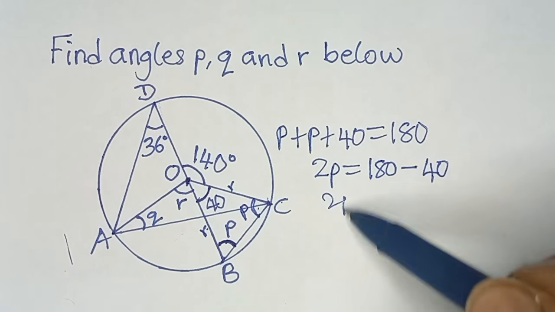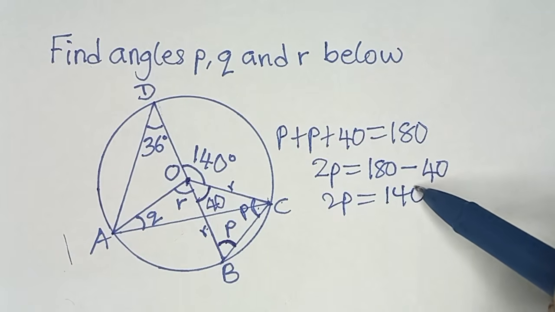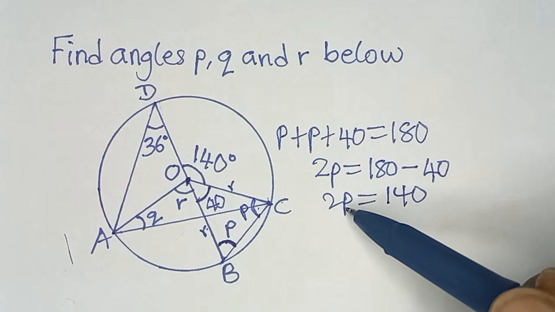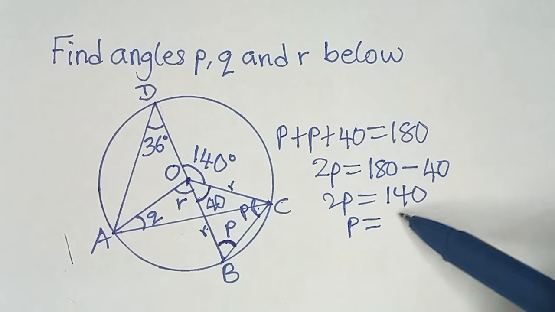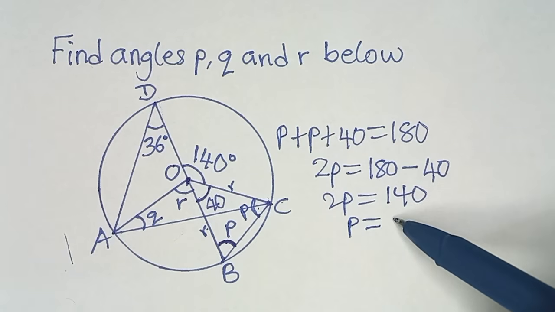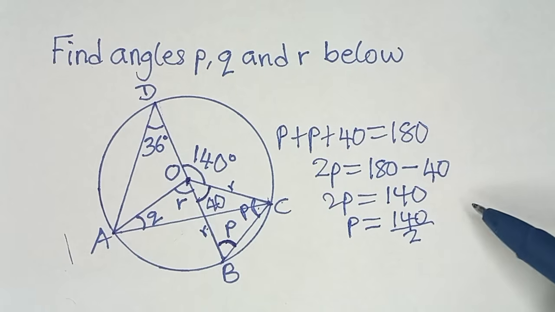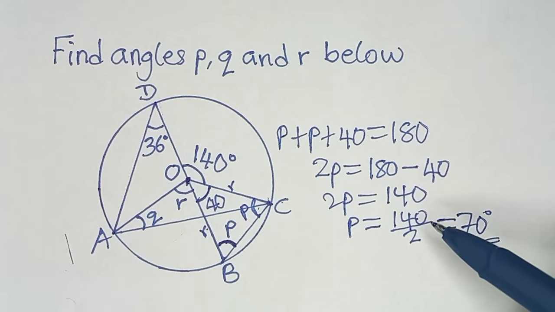So that 2P is equal to 140. And from there, you agree with me that P will be equal to 140 over 2, because when you divide both sides by 2, you have 140 over 2. And that will give us the value of angle P as 70 degrees. So we already have the value of angle P as 70 degrees.